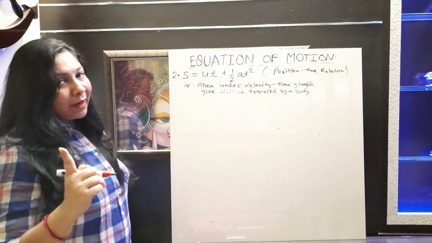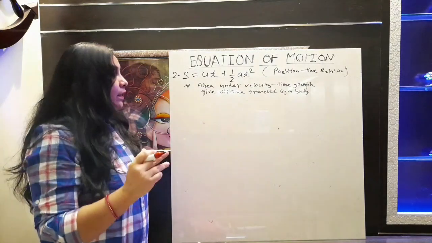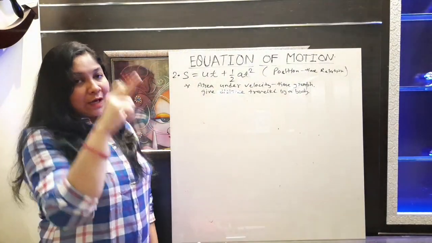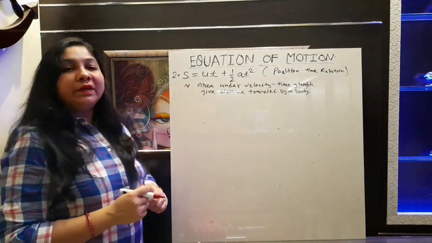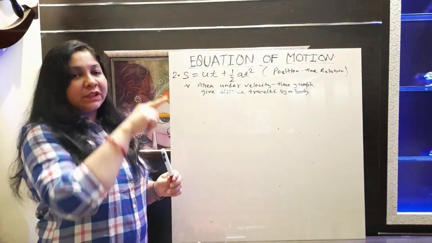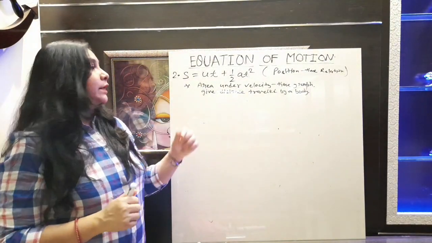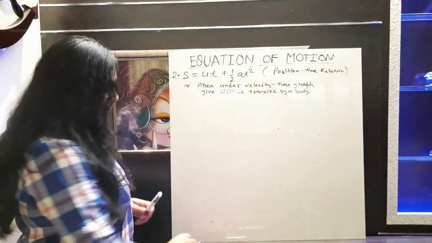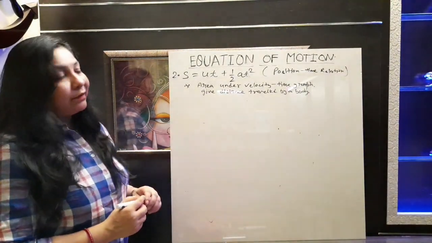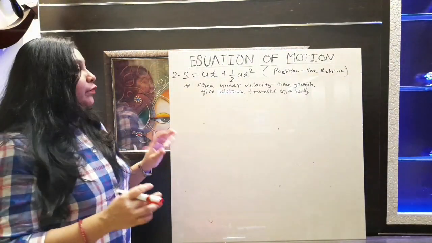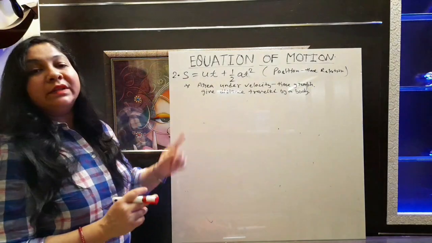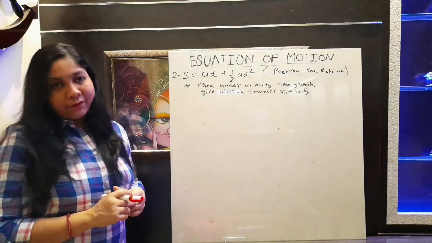Slope under velocity time graph will give you acceleration, no doubt, but when you are bounding the area, that much area will be equal to the distance covered by a body. This point is important to keep in mind before the derivation of the second equation, that is S equal to ut plus half AT square.